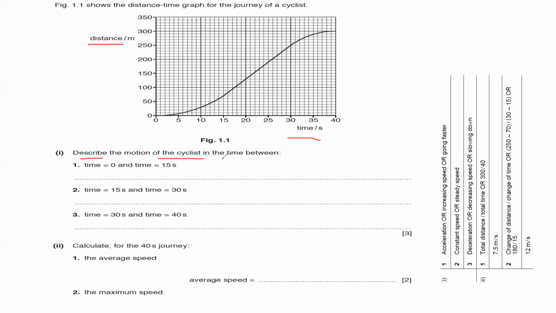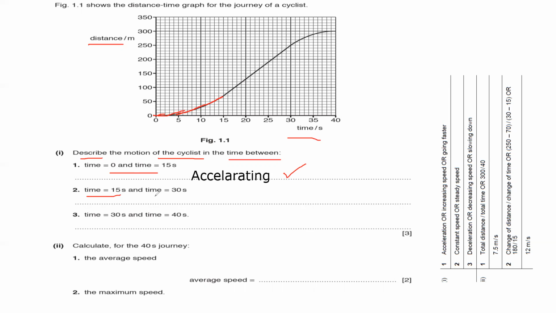Describe the motion of the cyclist in the time between 0 and 15 seconds. So from 0 seconds to 15 seconds, what is happening to the motion? In this part, what is happening to the speed? The speed is increasing, or it is accelerating, that's right.